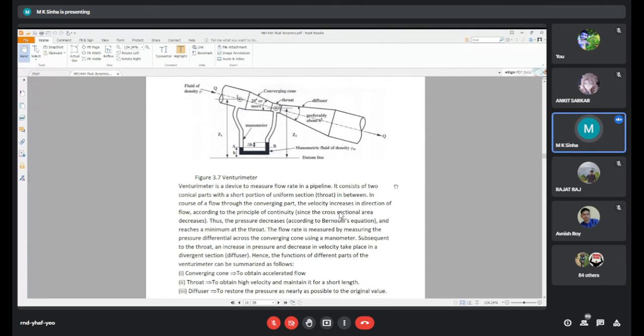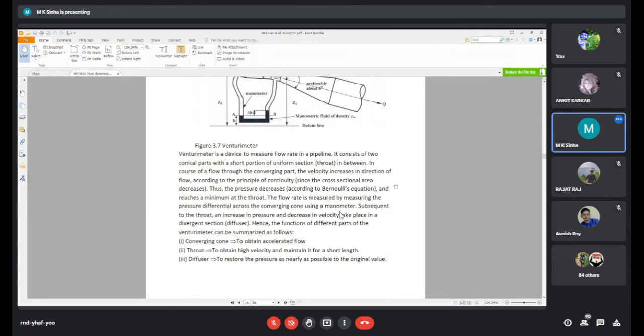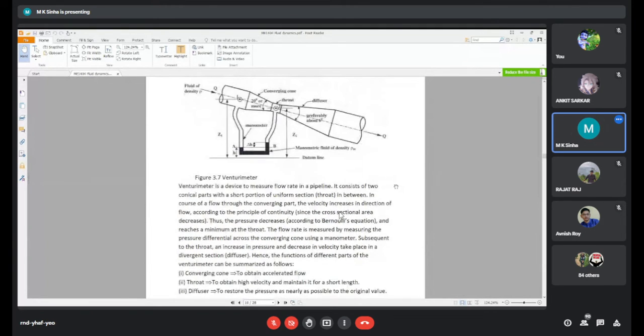So the flow rate is measured by measuring the pressure differential across the converging cone using a manometer. So say, the pressure difference we will measure between the throat and the converging part.